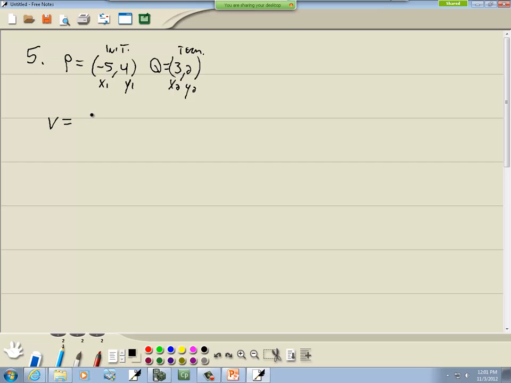V is going to equal x sub 2 minus x sub 1, and y sub 2 minus y sub 1. Well, x sub 2 was 3, minus x sub 1, which is negative 5, and y2, which is 2, minus y1, which is 4. So we got 3 plus 5, and 2 minus 4. So that gives us 8, negative 2.